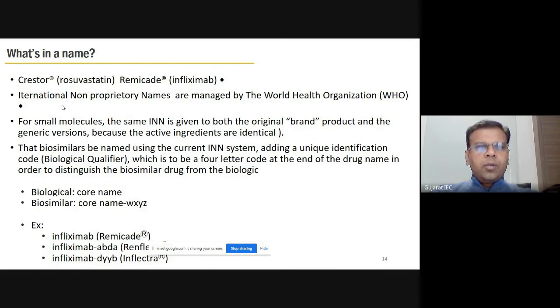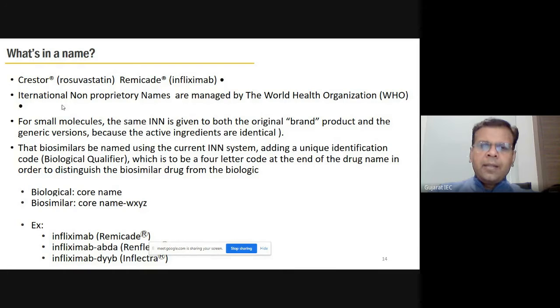If we go with the normal nomenclature, typically for normal drugs, as we have rosuvastatin, we call it Crestor or Rosuvac or whatever. They are different brand names, but the drug is still rosuvastatin. But that's not the case with a biosimilar.